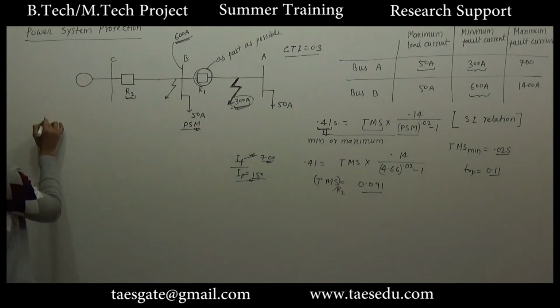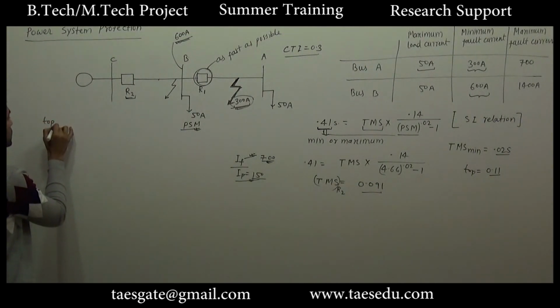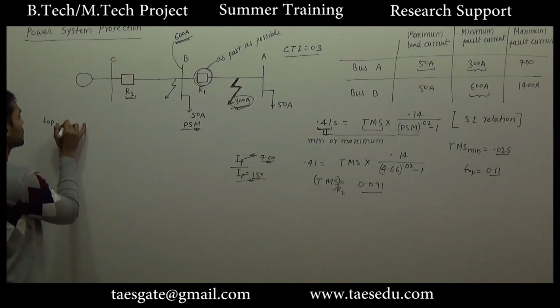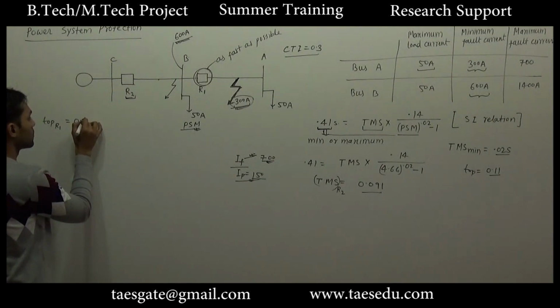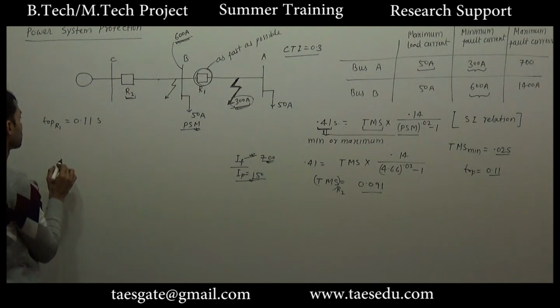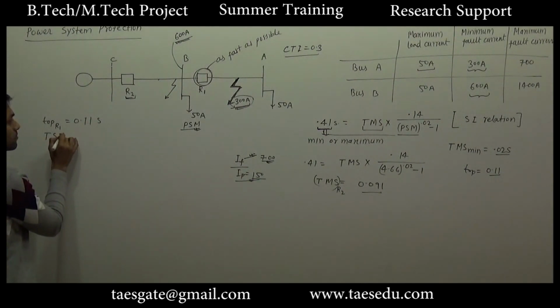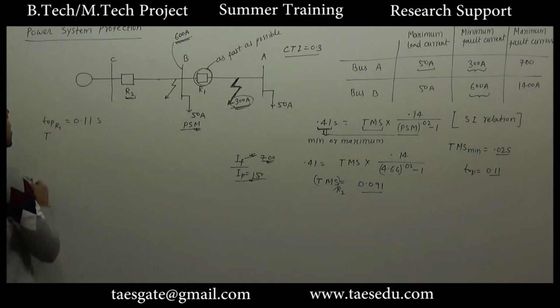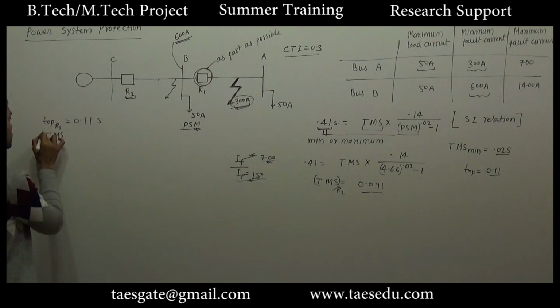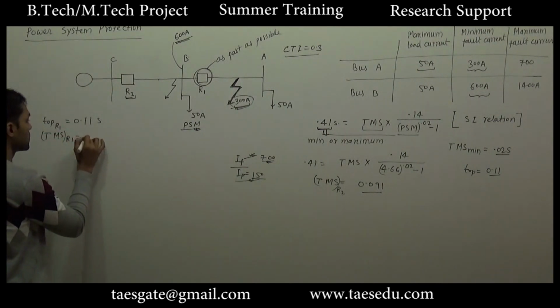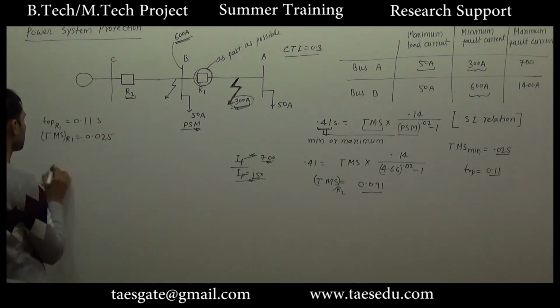So now we have the operation time of relay 1 as 0.11 second. The time multiplier setting we set for relay 1 is 0.025.